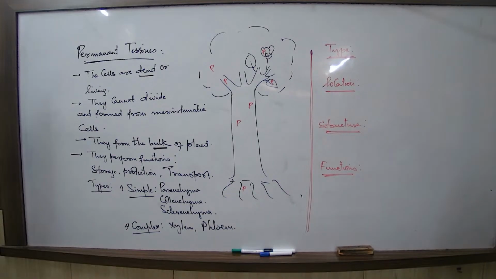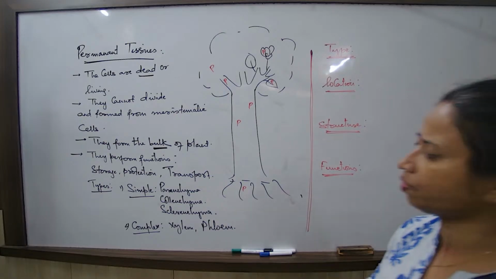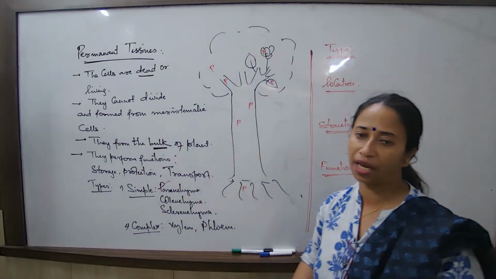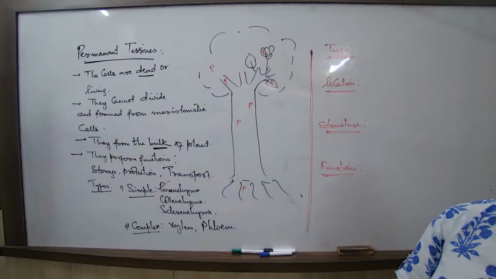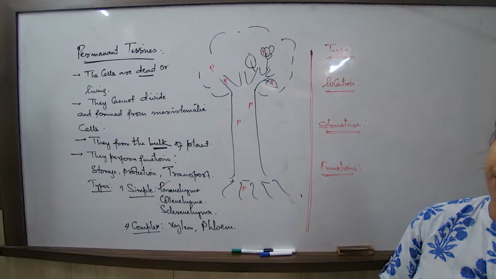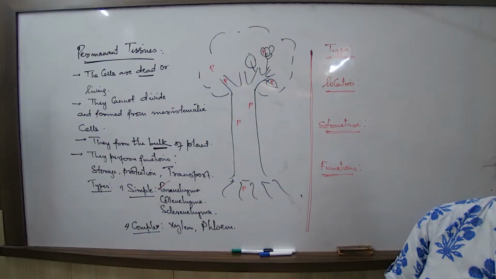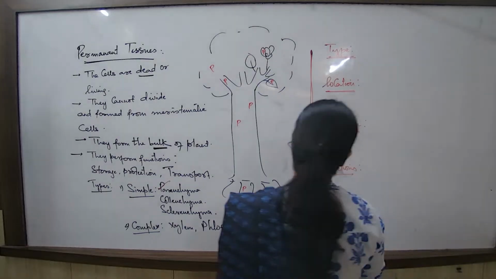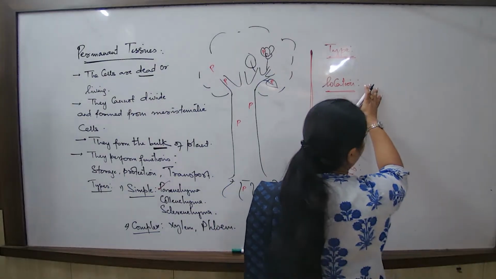The first type of tissues that we talk about is simple permanent. Let us start with the first type of simple permanent tissues, that is parenchyma. The figure that I am showing you here, the image of parenchyma you get to see here. Now, first of all, where is the parenchyma tissue present?